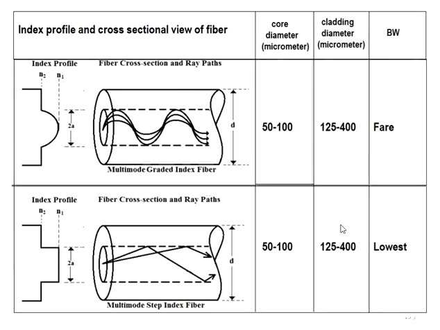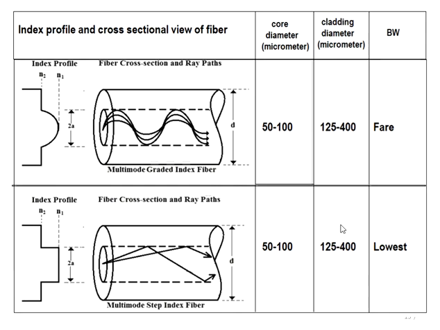Then multi-mode graded index fiber: because of the variations in the refractive index, different modes will travel at different speeds, but they will reach the end at the same time. So the pulse spreading is reduced in the multi-mode graded index fiber.